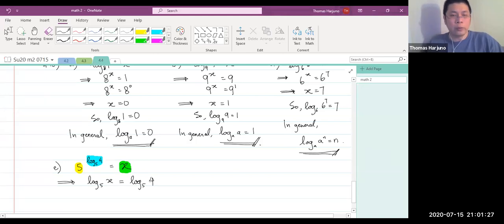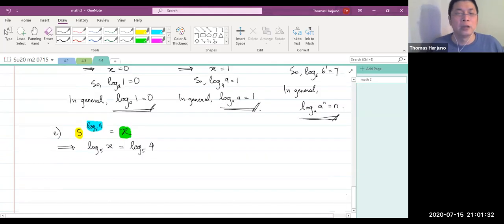Tomorrow, once we do the graphing, we will be more convinced that log is the inverse of the exponential function, and therefore it also carries the one-to-oneness. But log blah equals log blah means blah equals blah.